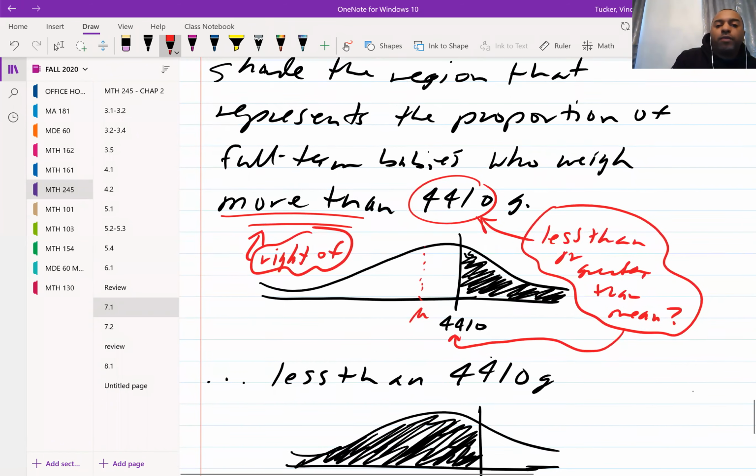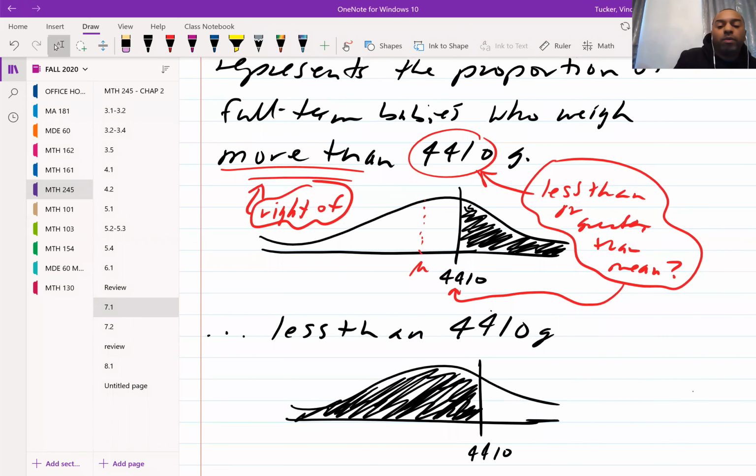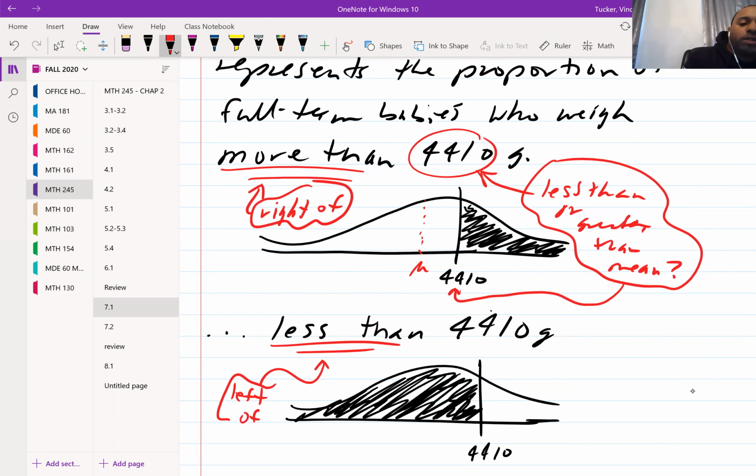And if we needed to shade less than, we would shade to the left of it. So this is just getting you used to the language. When they say more than, they're talking about to the right of your data value. Less than will be to the left of your data value.